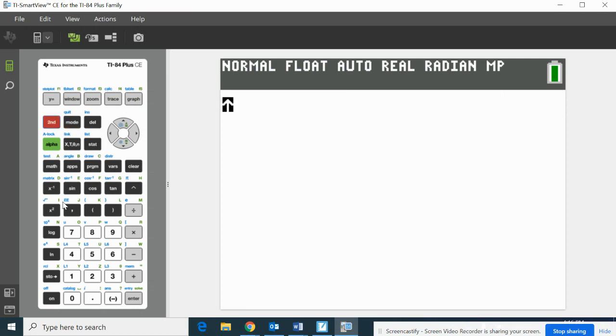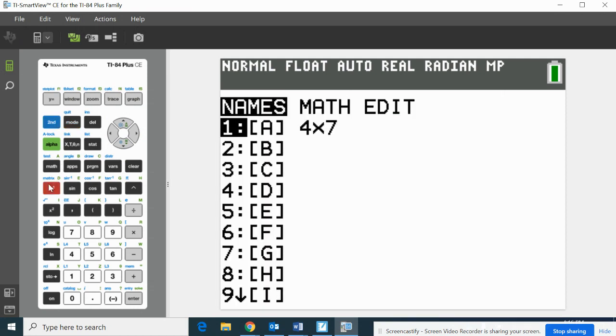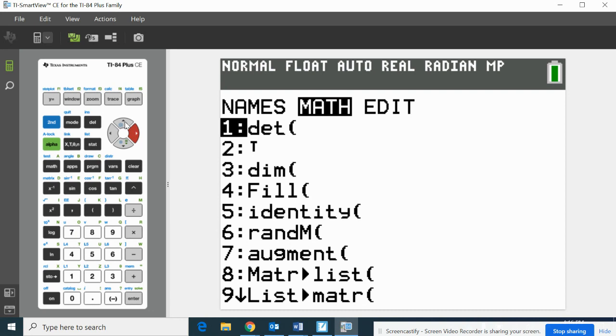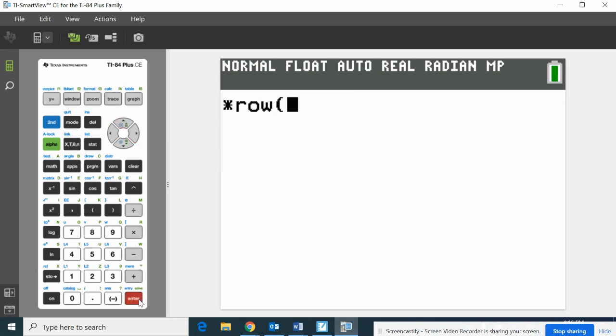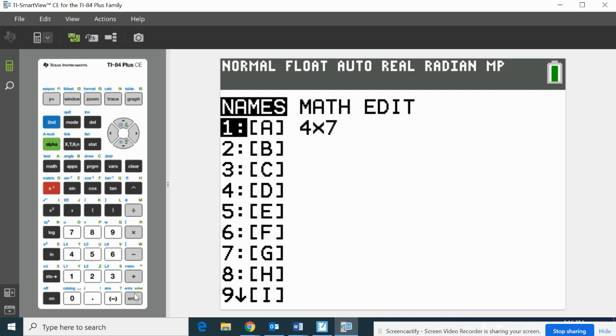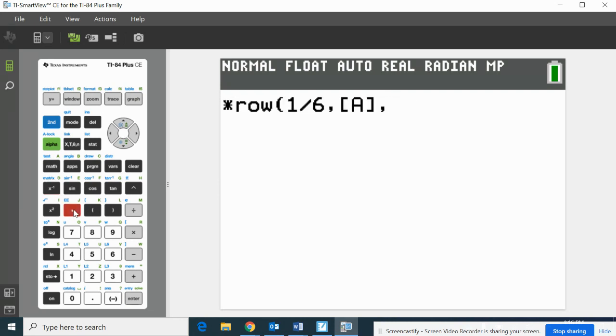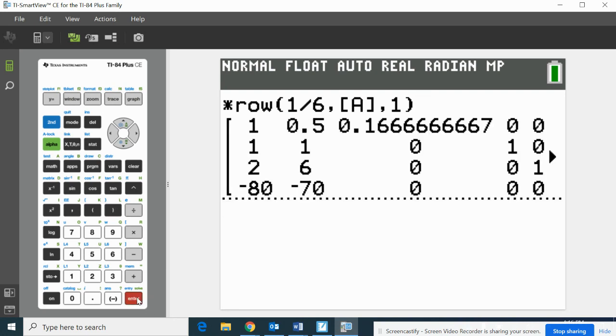And second matrix, arrow to math, arrow up to star row. And 1 divided by 6, comma, matrix A.